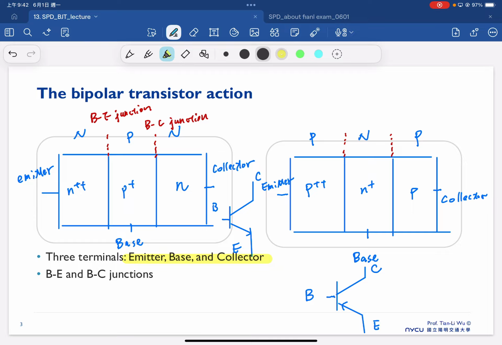And we have two different junctions that we have to be careful of, which are the base-emitter junction and also the base-collector junction here. These are the two most critical junctions that later will have a high influence on our carrier transport.